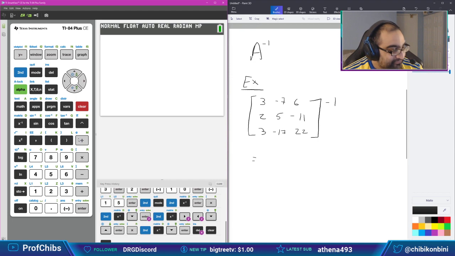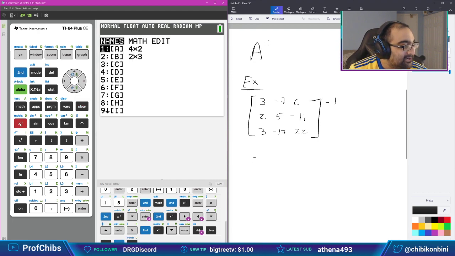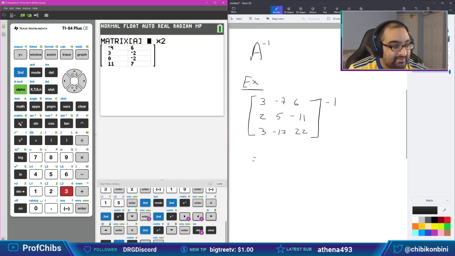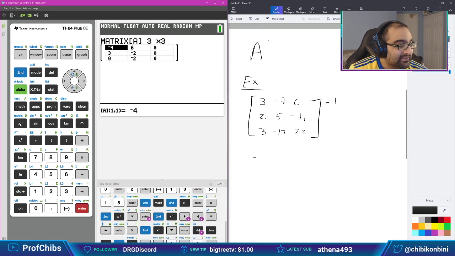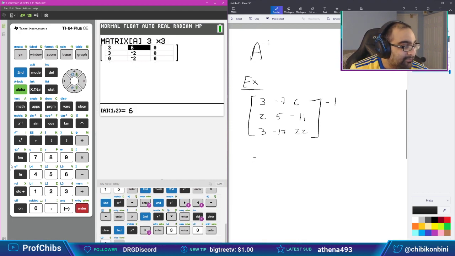So the way it works is we need to set up our matrix. We press second, matrix, and edit a matrix. In this case we have a 3 by 3 matrix, so we'll enter in all the numbers specifically.